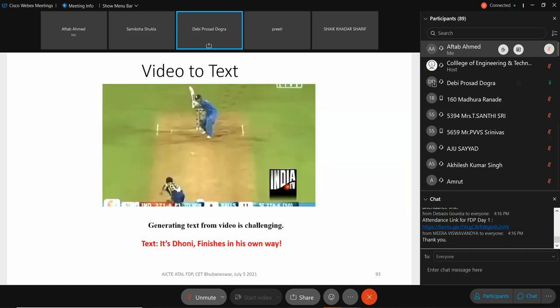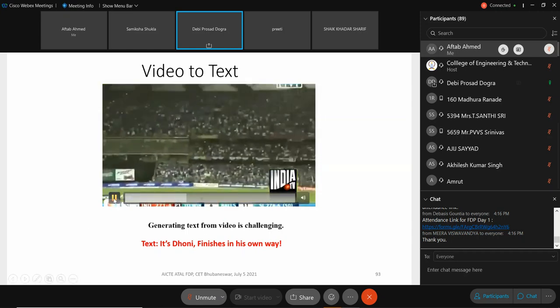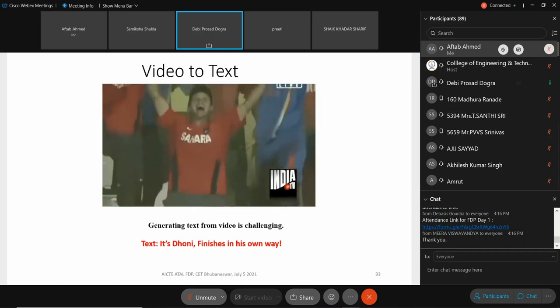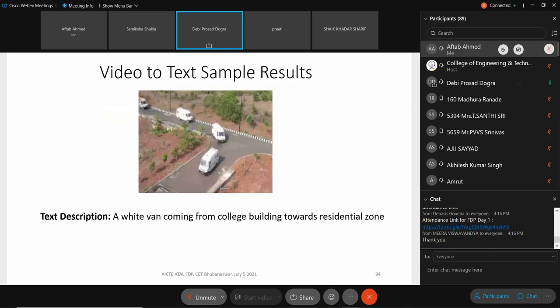Something like this, if you basically play like this, it's my textual description. I just give an example. It can be Dhoni finishes in his own way. But fine. So the ultimate objective is we would like to generate textual representations like this. Some of the textual descriptions can be like a white van coming from college building towards the residential zone, something like that.